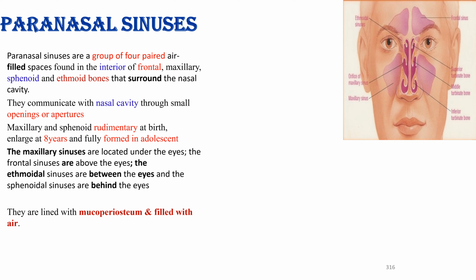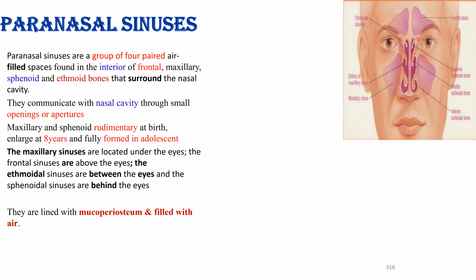The paranasal sinuses are four pairs, located on both sides of the face, deep inside: the maxillary sinus, ethmoidal sinus, frontal sinus, and at the back of the nose, the sphenoid sinus.